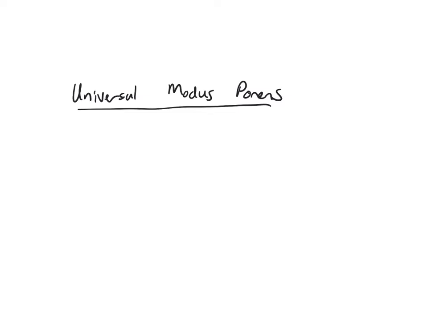So now we're going to talk about universal modus ponens. Remember, we previously discussed modus ponens, but now it's going to be universal because it involves the universal quantifiers. The format for universal modus ponens is the following: for all x, if P(x) then Q(x).